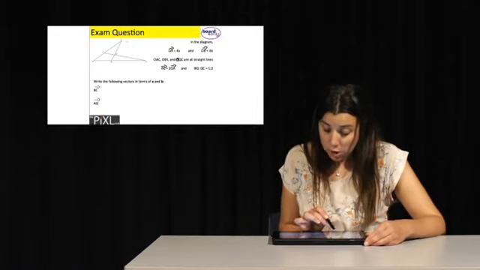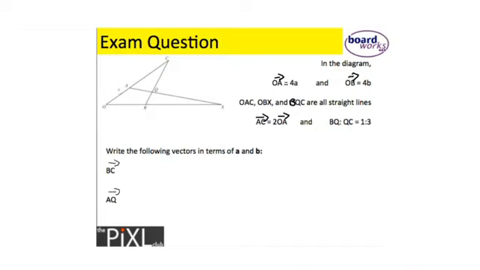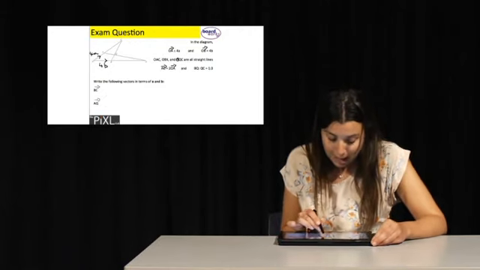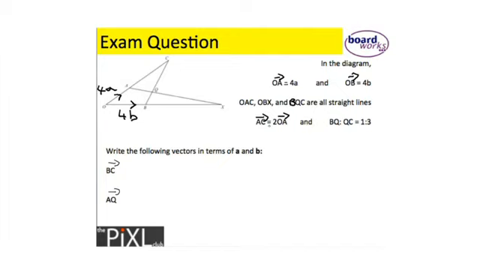You might want at this stage to write in your vector OA, which is here, which is 4a, and put the direction on as well. Remember, that's really important. O to B, this one line here, is 4b. We're then given some further information to consider. AC is equal to 2 lots, that's the 2 in front of OA.